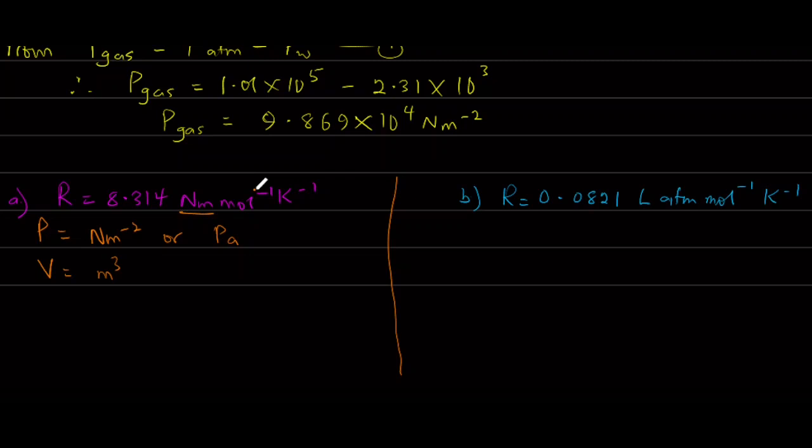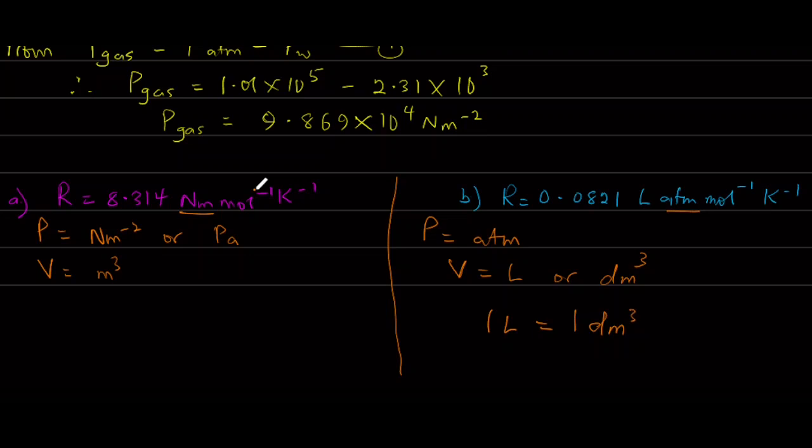If you are to make use of the second value, as you can see from the atm, the pressure must be in atm, and the volume will be in liter or dm cube, simply because 1 liter is the same thing as 1 dm cube.